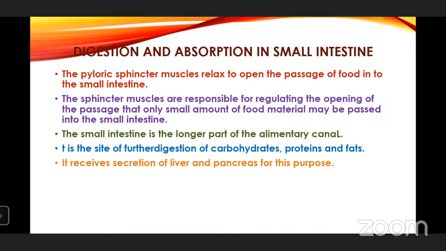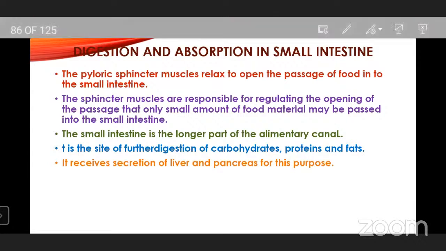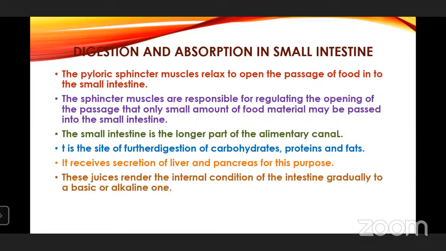The small intestine is the larger part of the alimentary canal, and it is the site of further digestion of carbohydrates, proteins, and fats. It receives secretions of the liver and pancreas. These juices gradually make the internal conditions of the intestine basic or alkaline.